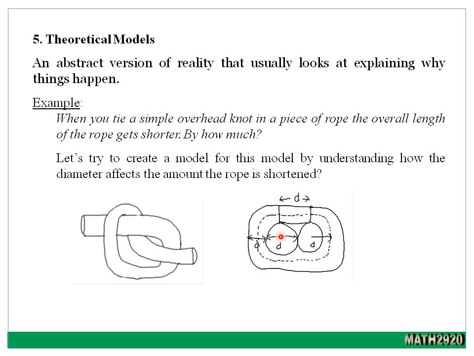So here it is from end on, and you can see in here that these are the bits of rope here, and this part around here is the outside of the knot, and so the outside of the knot will be the amount by which the rope has shortened. So what's that length? Well, we can see that it will be this semicircle here, and the radius of that semicircle is the same as the diameter of our rope.